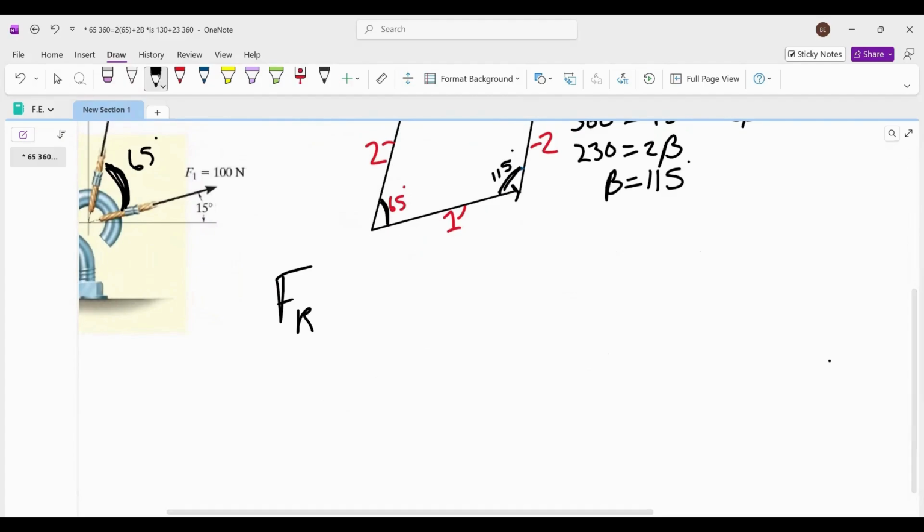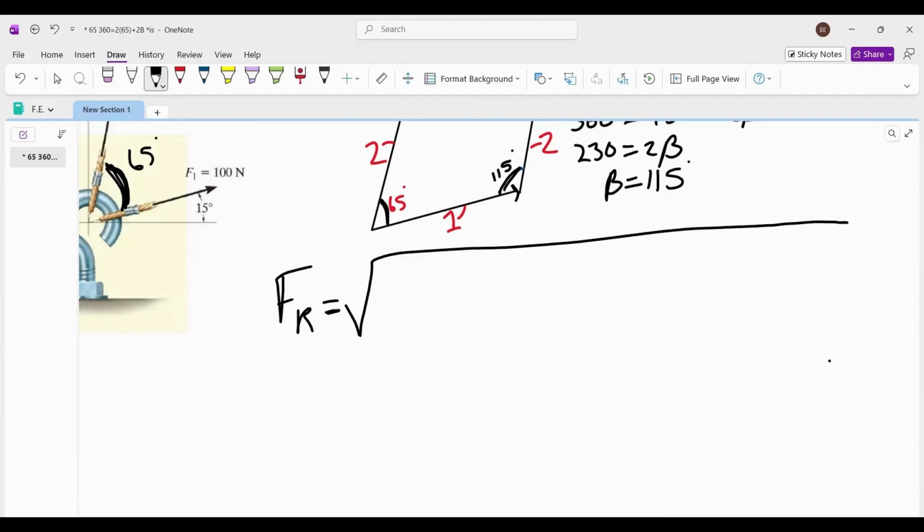F_R, which is our resultant force that we're trying to find, is going to equal the square root of F1 squared plus F2 squared minus 2 times F1 times F2 times cosine beta.